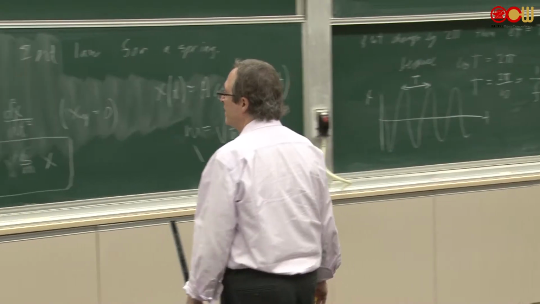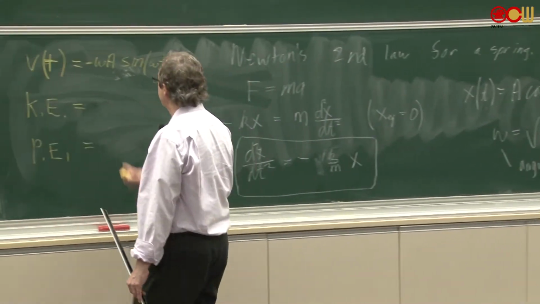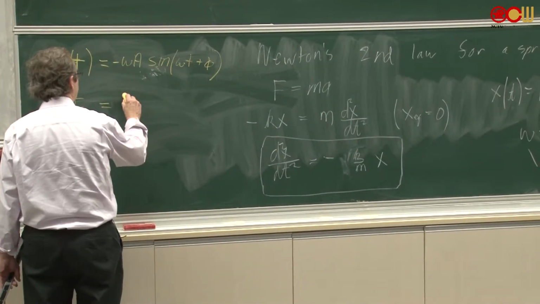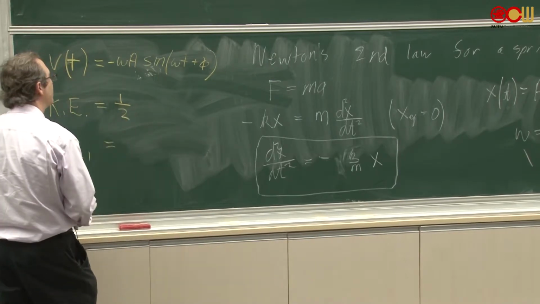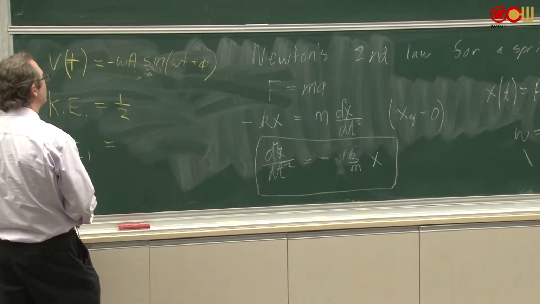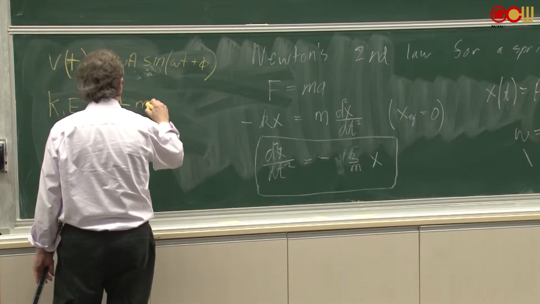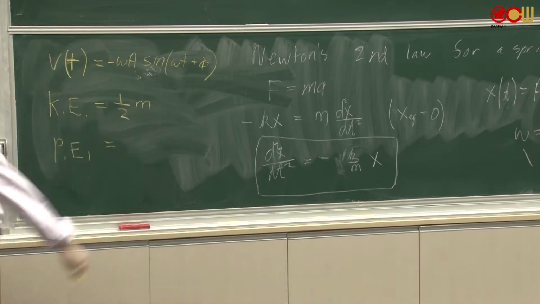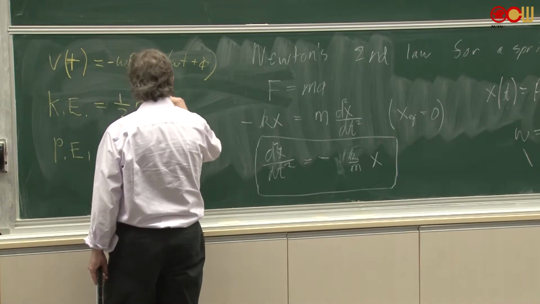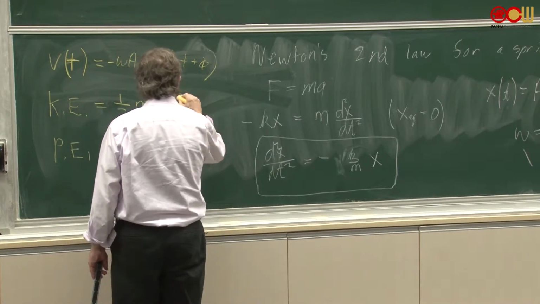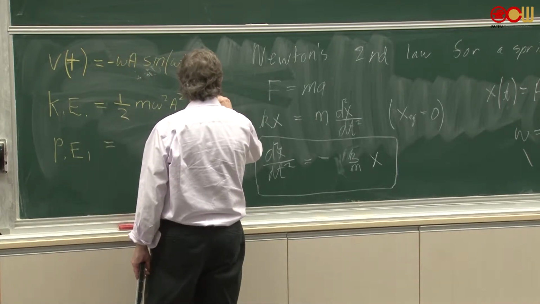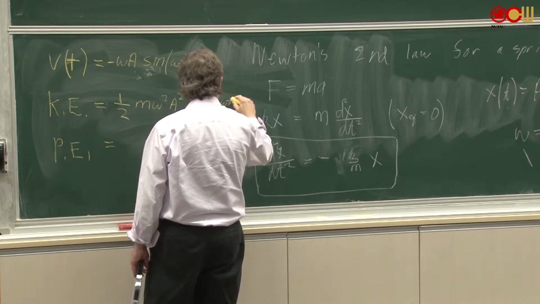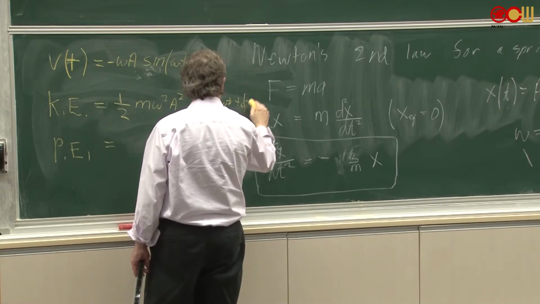All right, somebody tell me what the kinetic energy is. There's got to be a half there, right? And what else? Yeah, but what is it using this? Good. Omega squared, A squared, sine squared omega t plus phi.